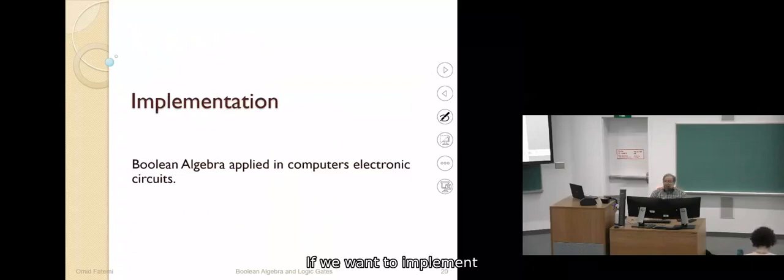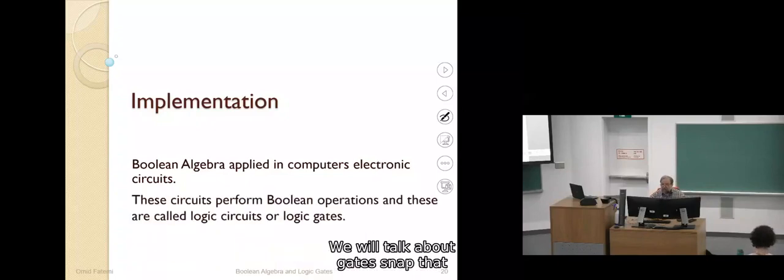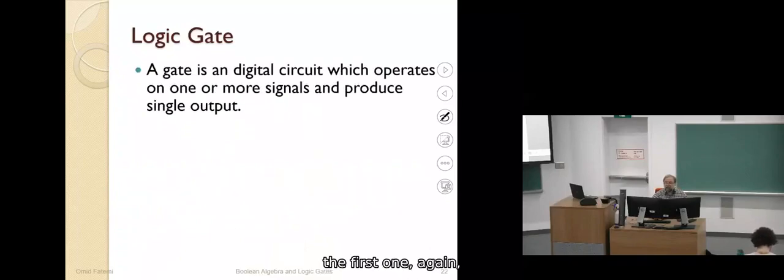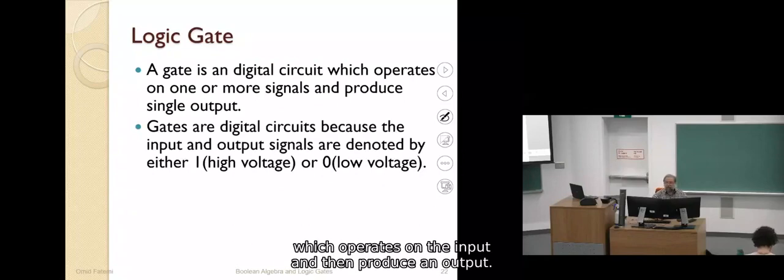If we want to implement this Boolean algebra in digital design, we use gates. AND, OR, and NOT are the basic gates. We will talk about gates now. These circuits perform Boolean operations and are called logic gates. A gate is a digital circuit which operates on the inputs and produces an output.